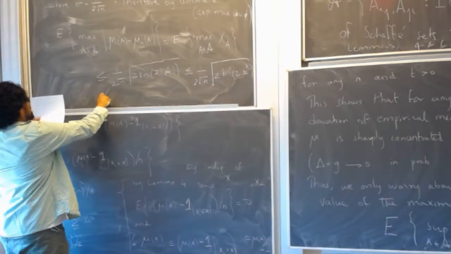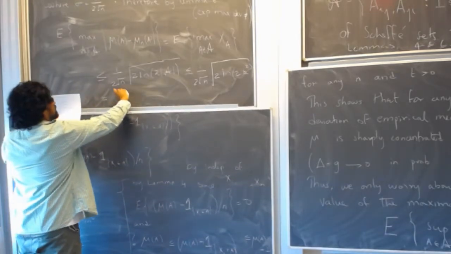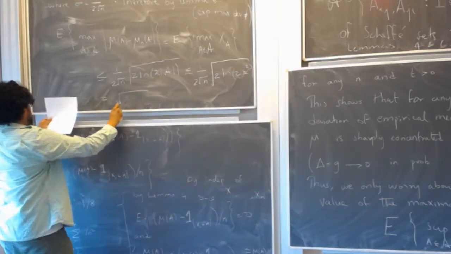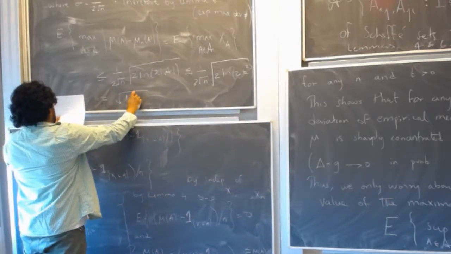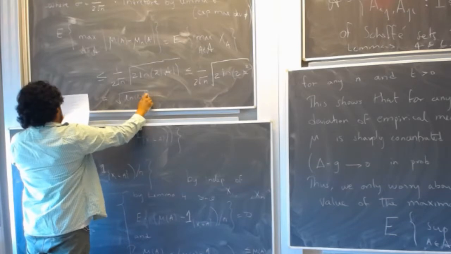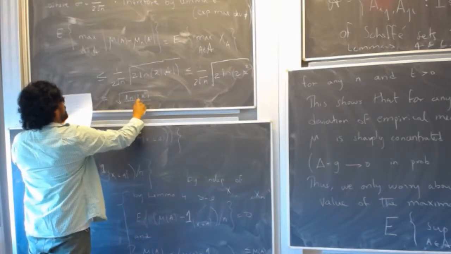And so this gives us square root of ln of 2k squared over 2n.